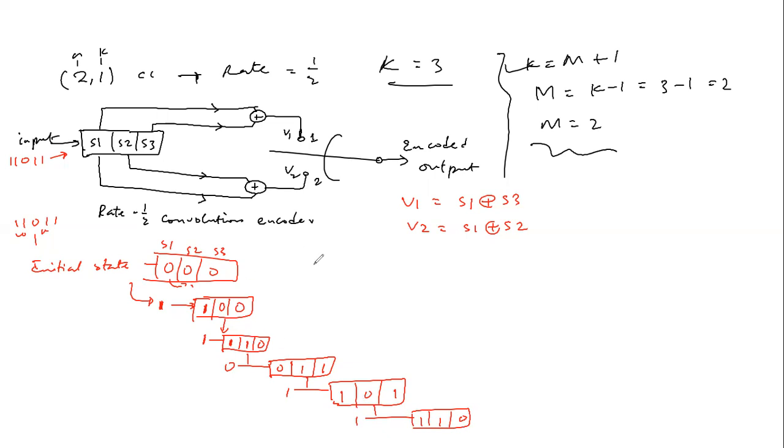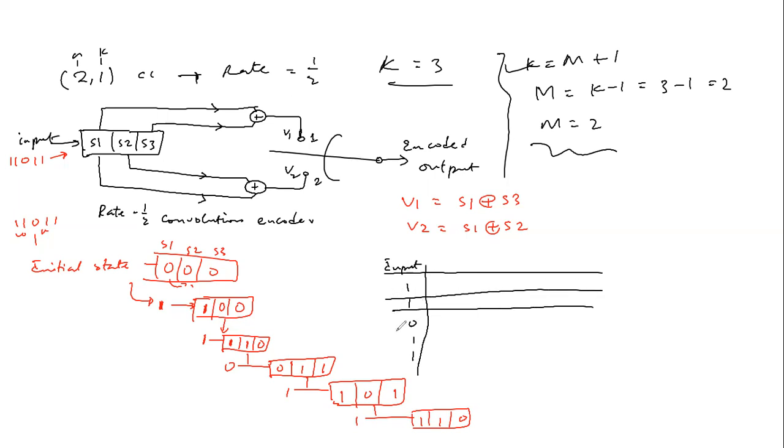Okay? So in summary, you see that where we have the input as 1, 1, 0, 1, 1, now we have the shift register S1, S2, S3.